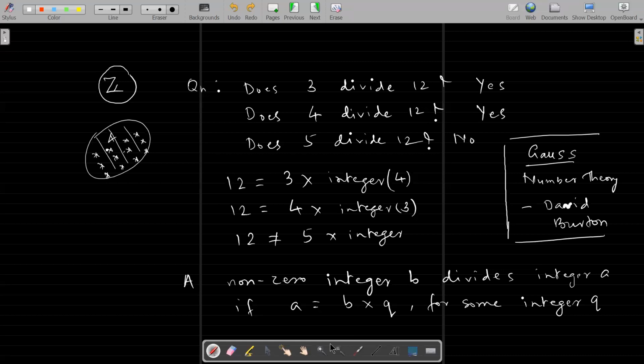Or if you want to distribute A chocolates evenly among B students, you can do it without leaving any chocolate and without any quarrel. So if there is no quarrel, there is no remainder left out, then we say number divides other. Fine. So you can note down the definition and we'll go ahead.